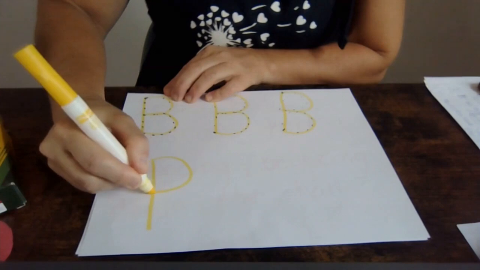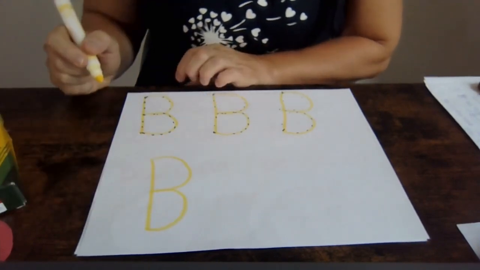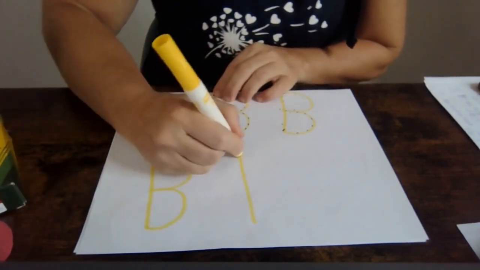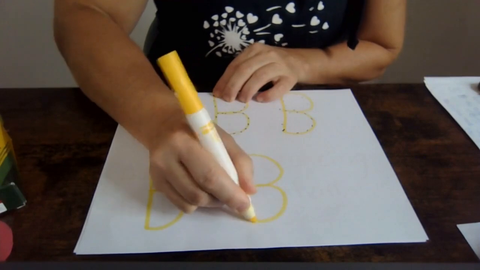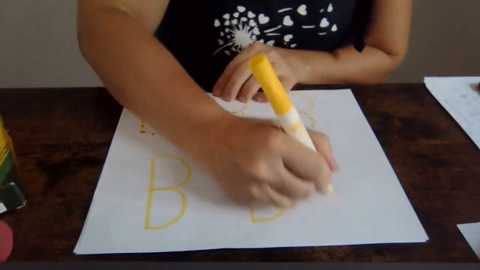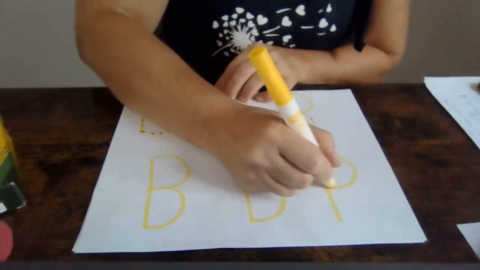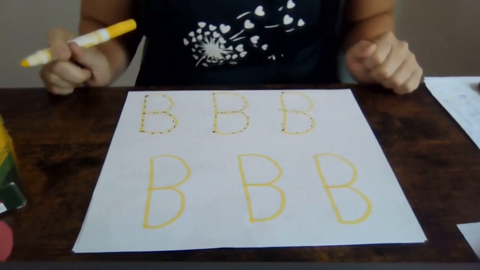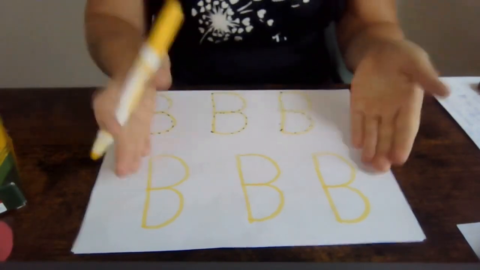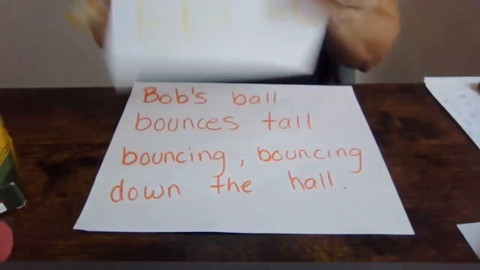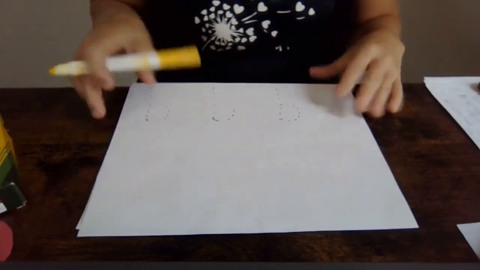Down, around, around, b. Down, you got it. Around, around, b. I love it.